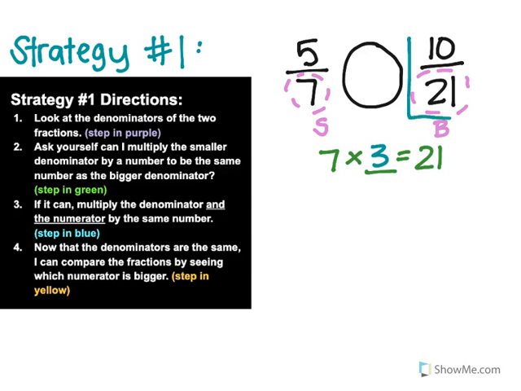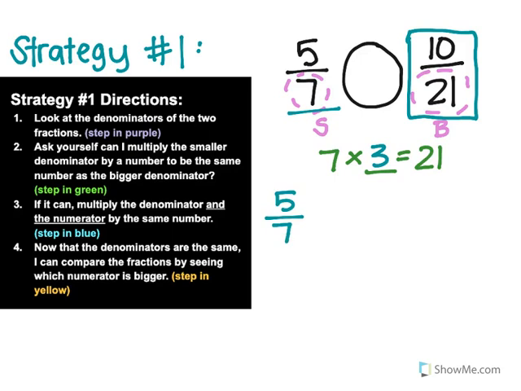This fraction right here is already perfect because it has the denominator 21. I want to change this 7 so it becomes a 21 just like this one over here. The way I do it is through multiplication and finding an equivalent fraction.